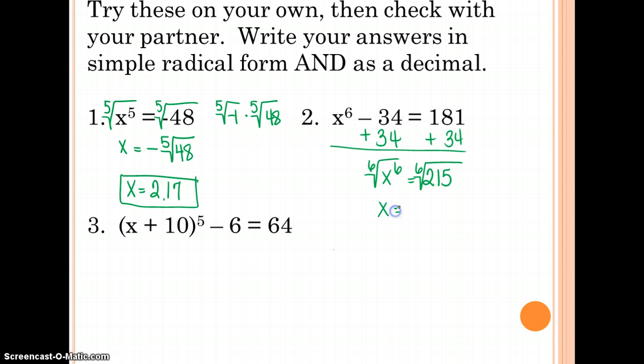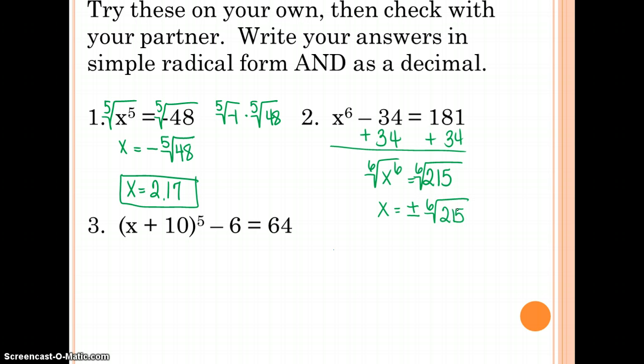I get x equals, I don't believe that there's a 6th power that goes into 215. Let me double check my table. 64 is not going to work, so there is not. So the answer that we get is plus or minus the 6th root of 215.